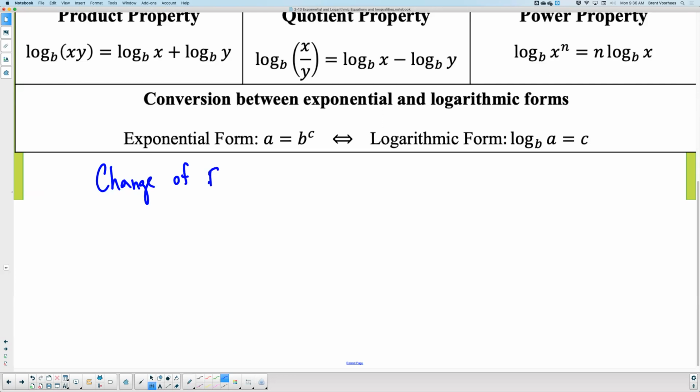The change of base property for logarithms is this.